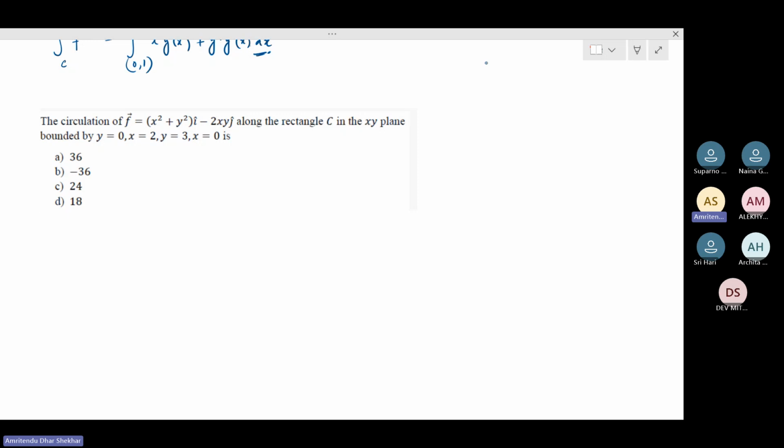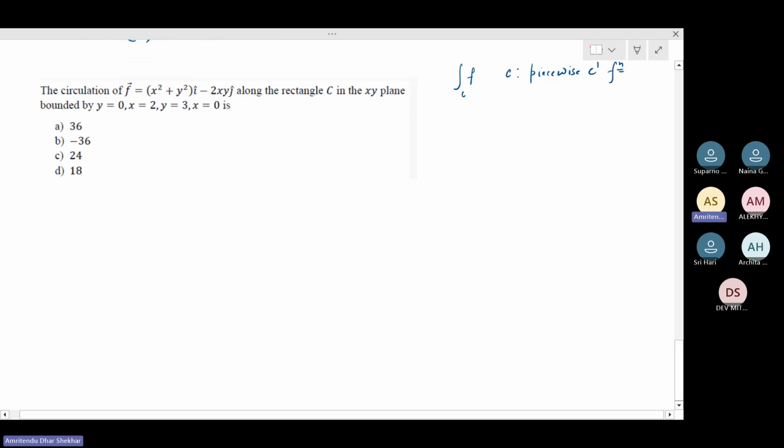So this is an example of an integral of f over a curve C, where C is a piecewise C1 function. And what is this piecewise C1 function? This is basically the boundary of this rectangle.